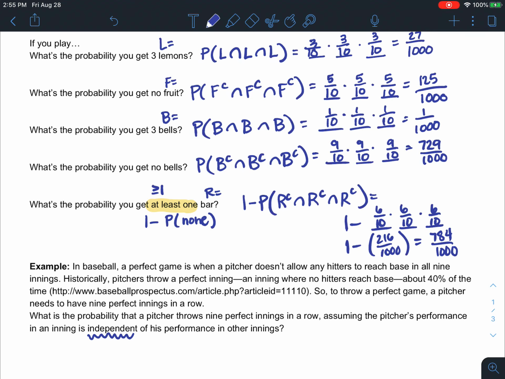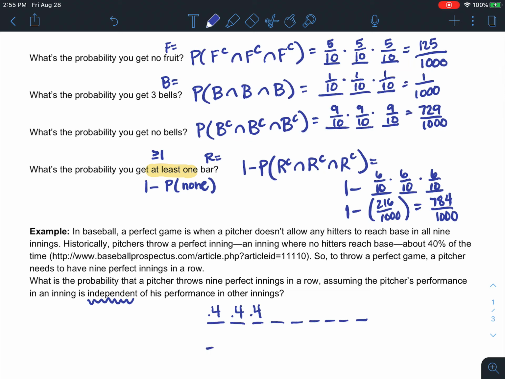Now, if we think about it, let me start with calculating it. Basically, it's saying there's a 40% chance that they have a perfect inning. So I'm thinking about 9 of these little spaces, right? 1, 2, 3, 4, 5, 6, 7, 8, 9. And the probability of each of them being perfect is 0.4, right?